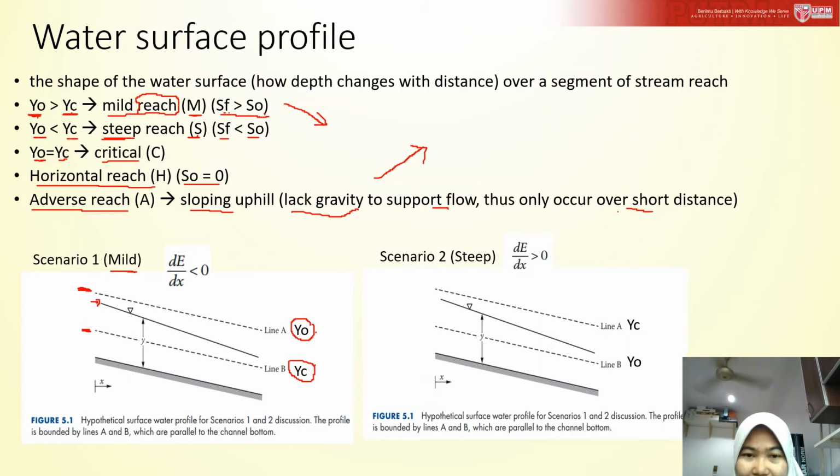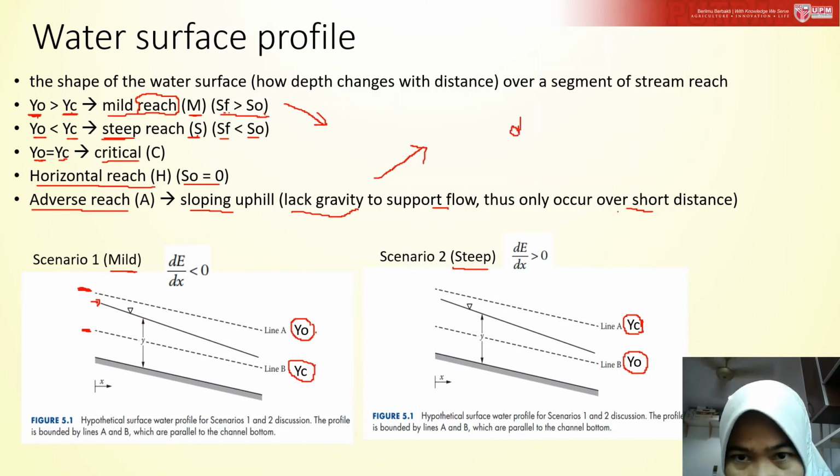But in the second scenario where critical depth is more than the normal depth, then we call this steep reach. This is what you have to really understand. It's not difficult because it only involves the depth and slope.